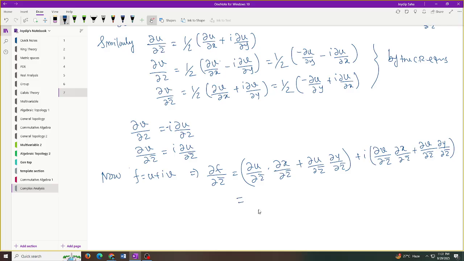Now put values. And equals to 0 by this.